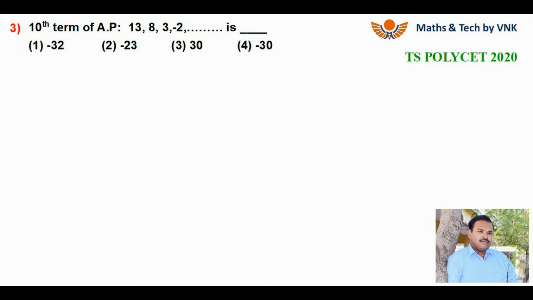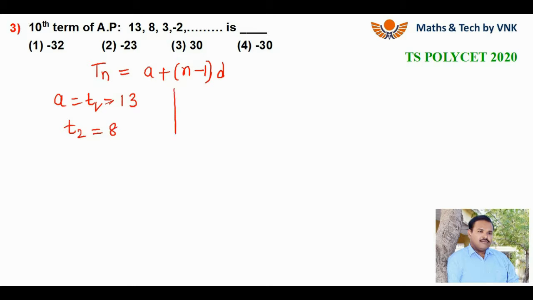Next question is the 10th term of the AP 13, 8, 3, minus 2, and so on. The nth term of an arithmetic progression is Tn is equal to A plus n minus 1 into d. So the first term A is equal to T1, which is equal to 13, and the second term T2 is equal to 8. The common difference D is equal to T2 minus T1, which is nothing but 8 minus 13. So the common difference D is equal to minus 5.